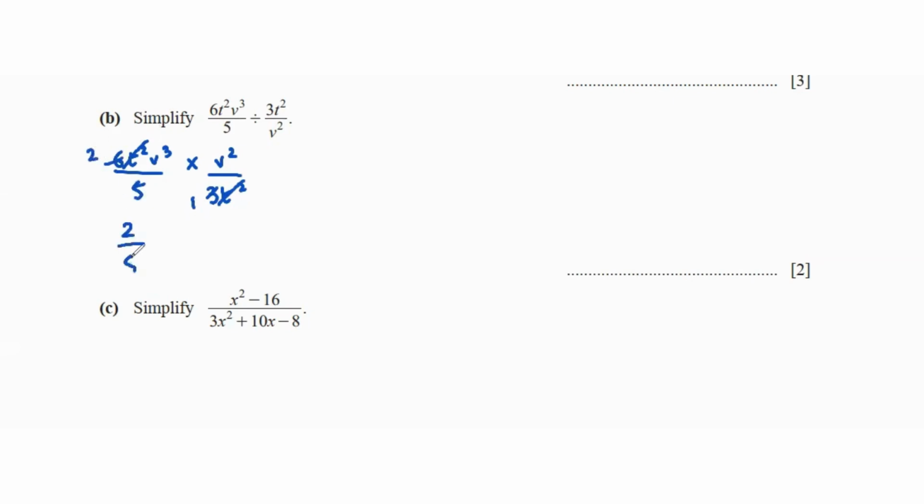So 2 over 5 times v to the power of 3 plus 2. As you remember, when we are multiplying two similar bases, the powers get added. That's going to be v to the power of 5. So the answer is 2v to the power of 5 over 5.